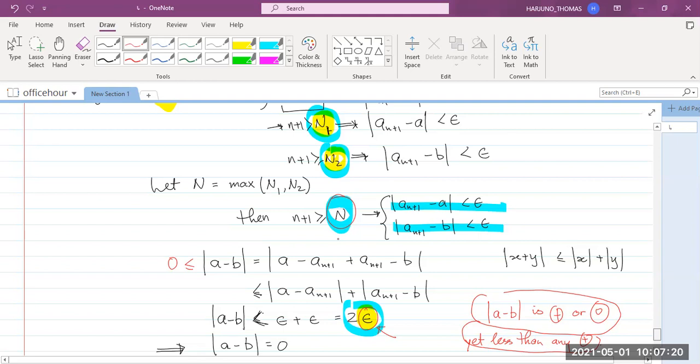Maybe when your epsilon is 1/10, my N is 1,000,000. But every time you choose something, I will react with an N. This is quite heavy, I know, but good.